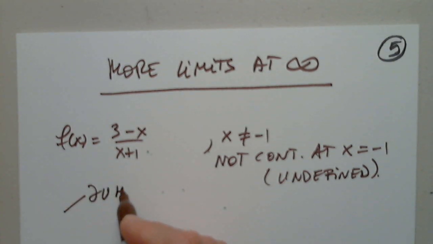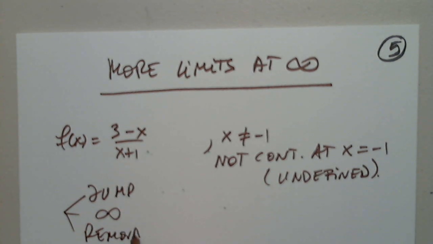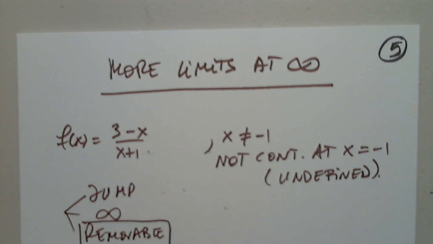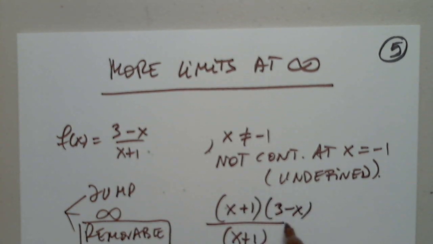Now, when we want to identify what type of discontinuity it is, we know that we have jump, infinity, and removable. Please remember, removable is only when the denominator disappears completely with a factor in the numerator. That becomes the hole, or removable.